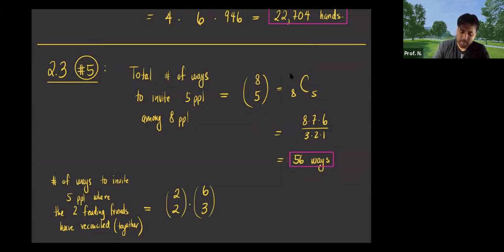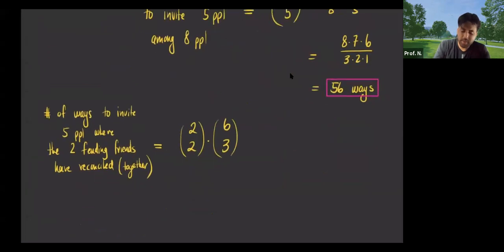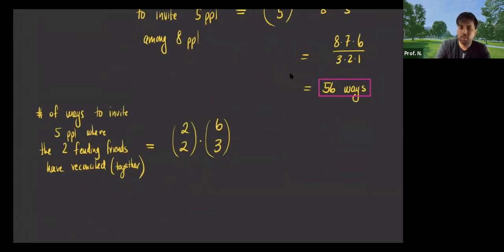So maybe I should specify this. There's a number of ways to invite 5 people where the 2 feuding friends are included within the 5. Yeah, we're including them, so they're both included within the 5.